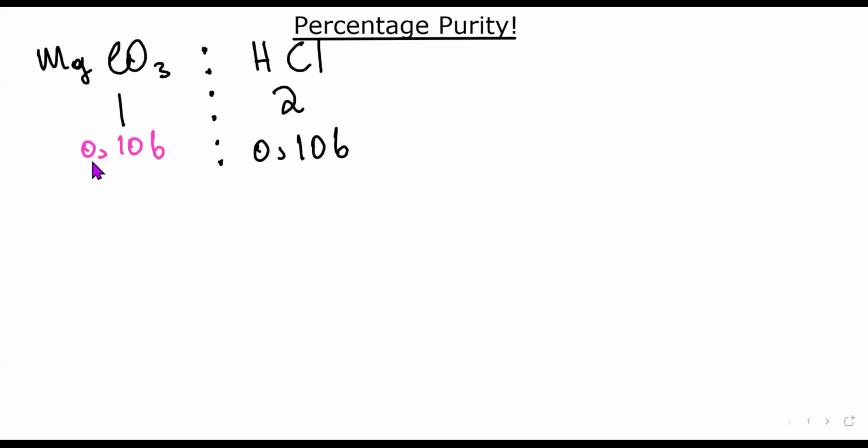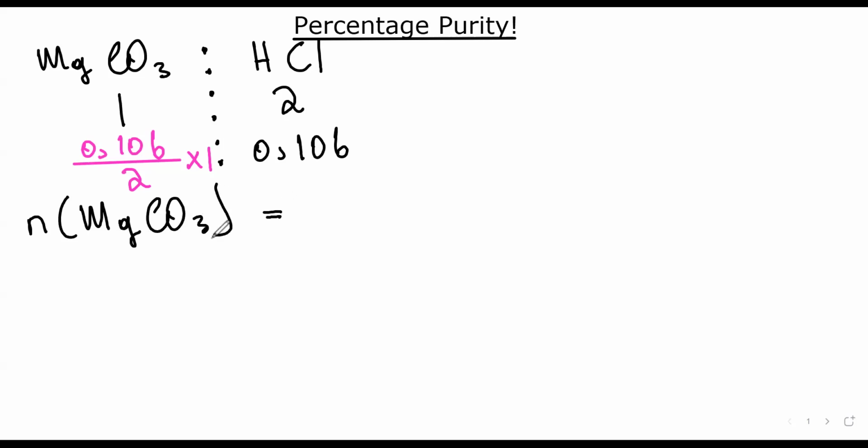Well, of course, you now understand that you need to divide this by 2 and times it by 1, which would mean that the number of moles of the base will simply be, if we divide this by 2, we get 0.053 moles. Okay.